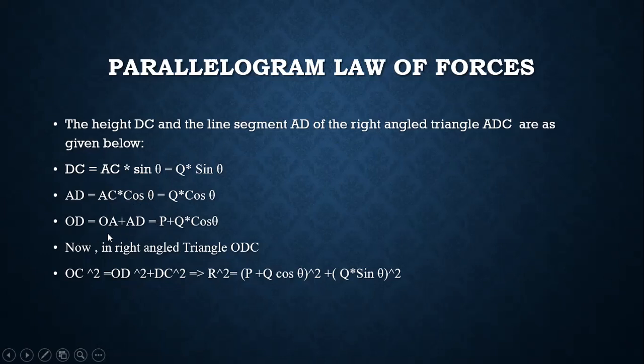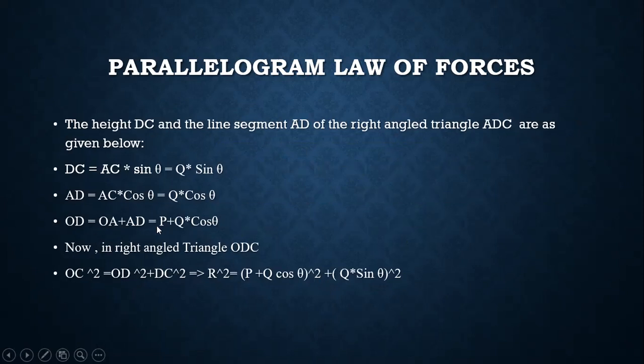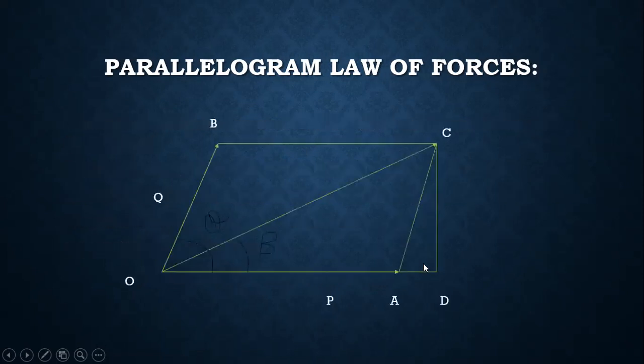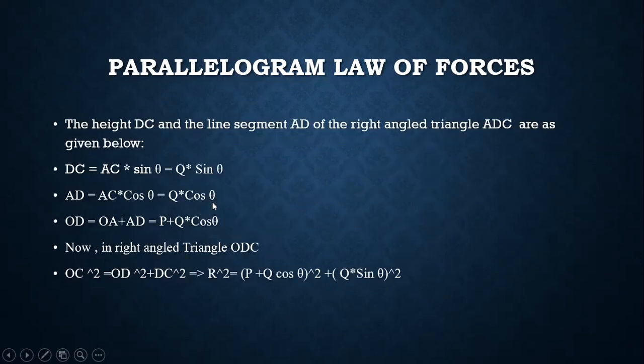Now OD is equal to OA plus AD. This can be written as P plus Q cos theta. OA is P and AD is Q cos theta.